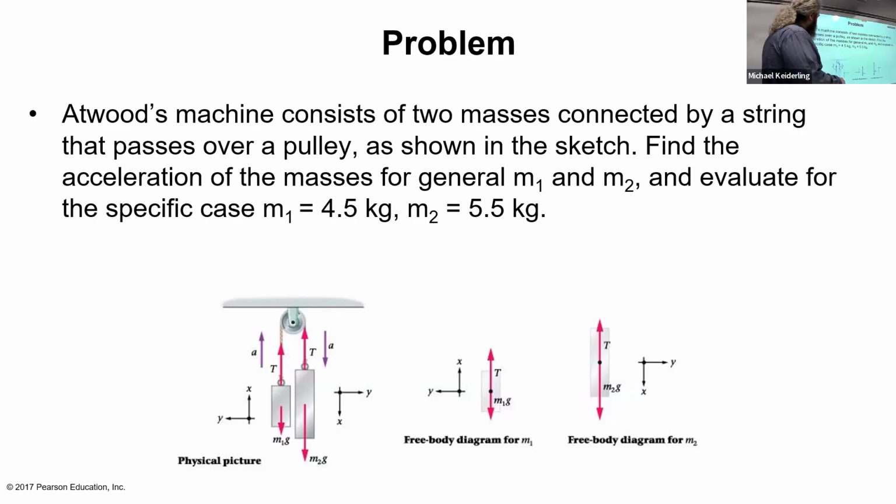So for mass 1, up is positive, mass 2, down is positive. And then you can work out the forces for each.